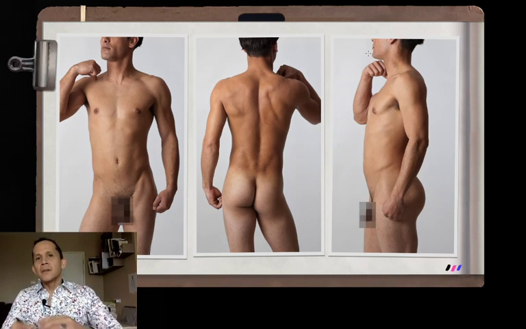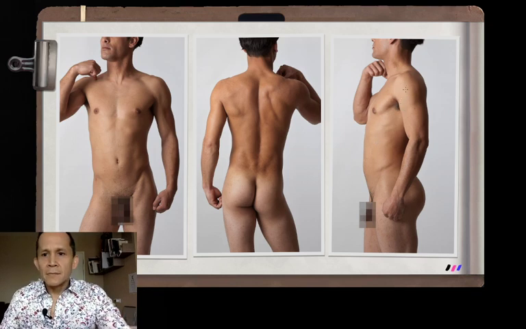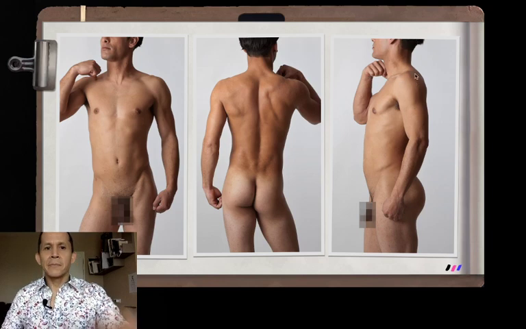All right. So one of the things I want to do in today's class is talk about how to see the major structures of the torso, the anatomical structures, and ways to find them, locate them, and identify them.